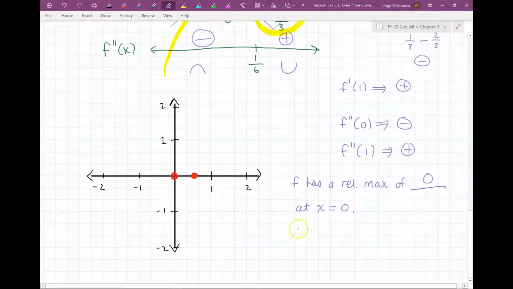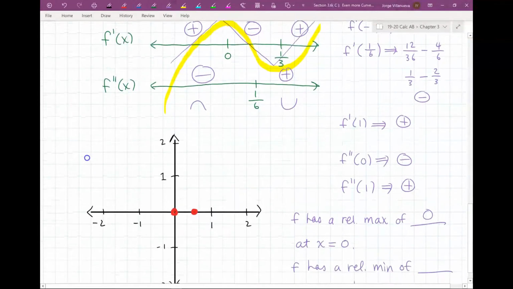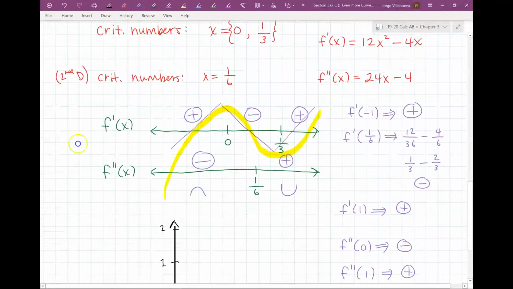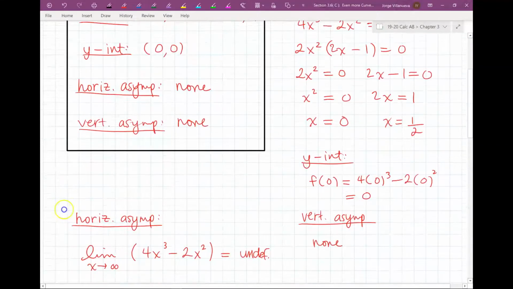Now, what's my low point? F has a relative minimum of something at x equal to 1/3. We found that out right there on the f prime of x sine graph. That was a relative minimum. So do me a favor, plug in the 1/3 into your function. And what do you get?